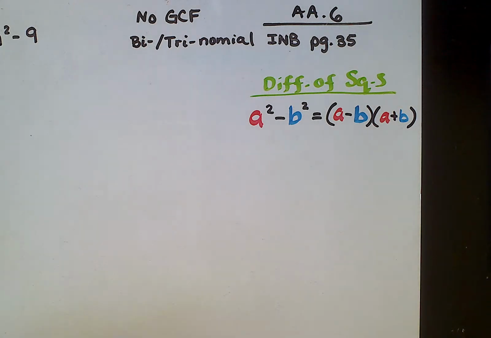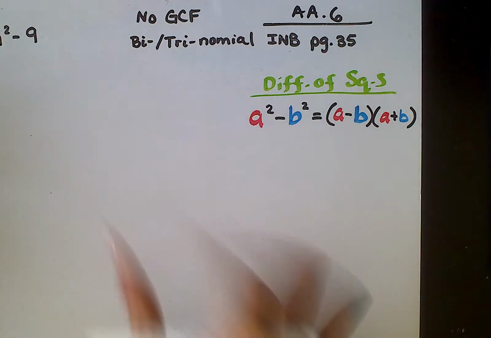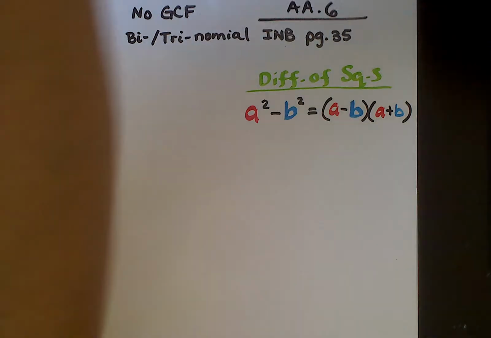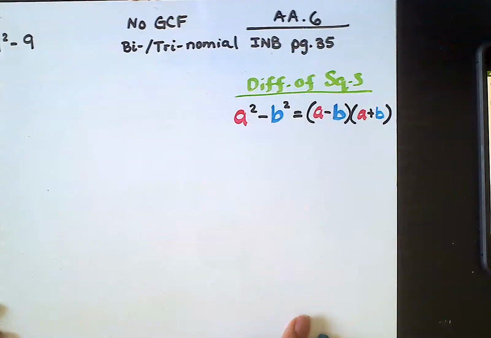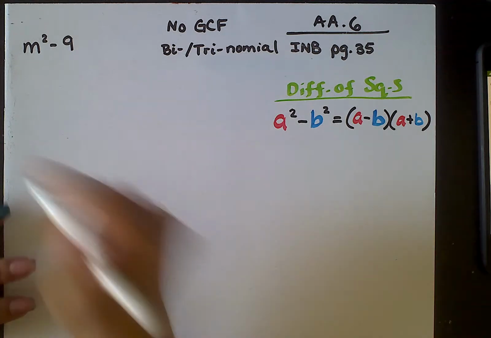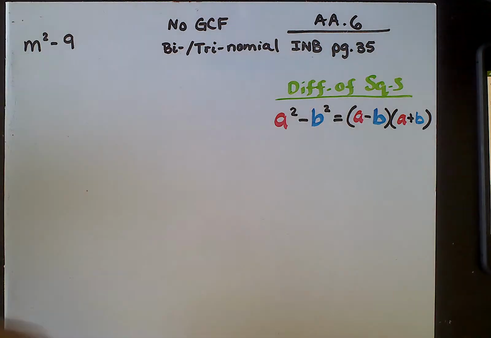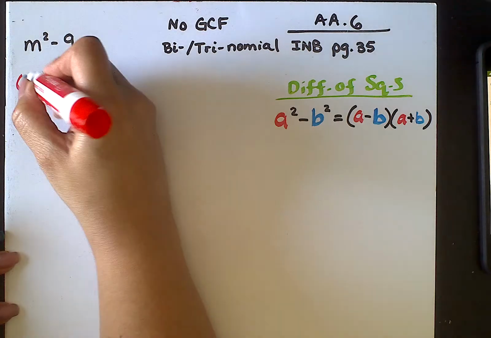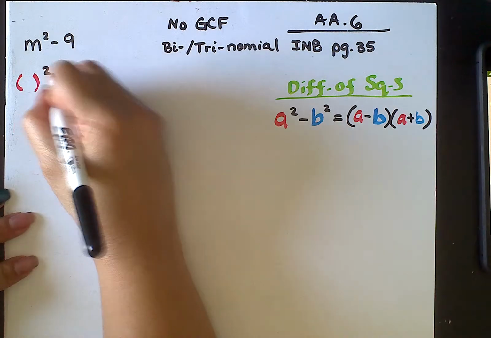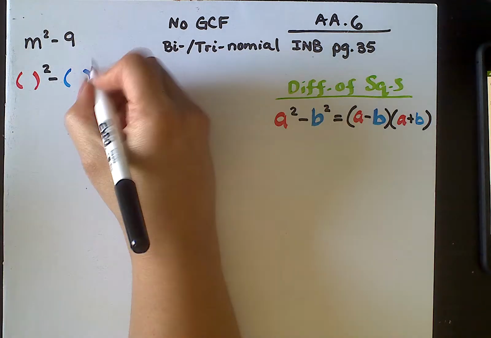Okay, so difference of squares. Now taking a look at this binomial, does it look like the difference of squares? And I would have to say, yeah, it really does. I just have to rearrange it so that it looks like something squared minus something squared.